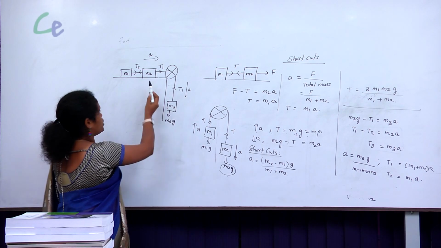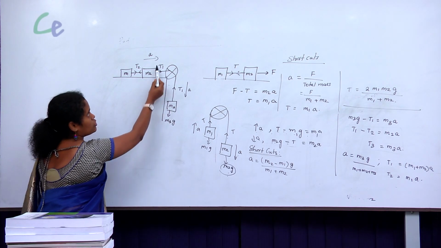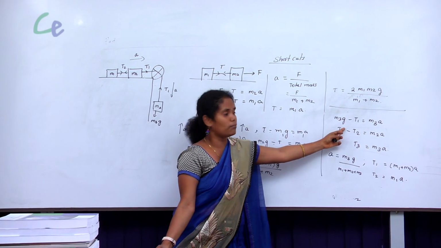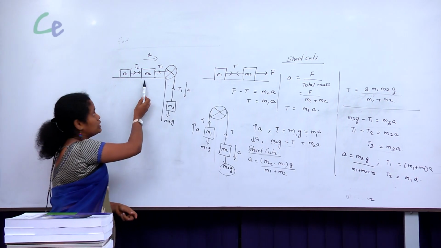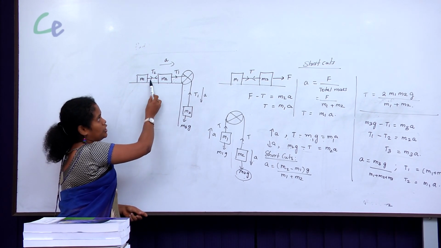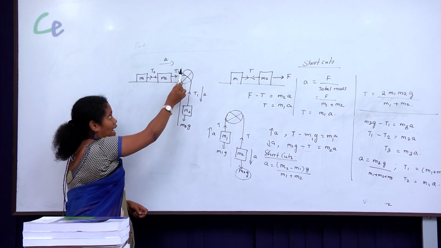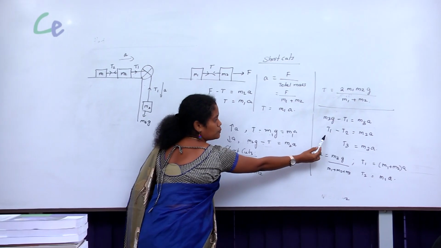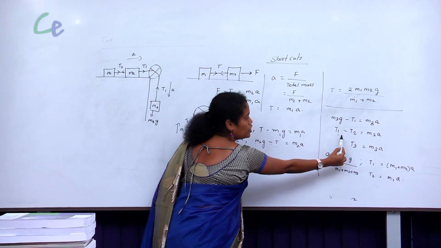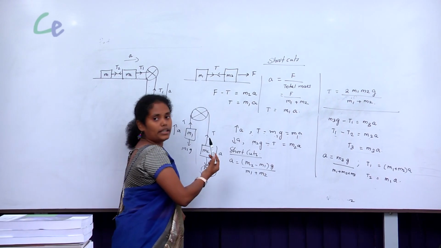And for the object m2, what is the direction of the force? This is the direction of the force. So, T1 is positive. At the object of mass m2, we have two forces, T1 and T2. As T1 is in the direction of acceleration, T1 is positive. T1 minus T2 is acting on the object of mass m2, so T1 minus T2 is equal to m2a.